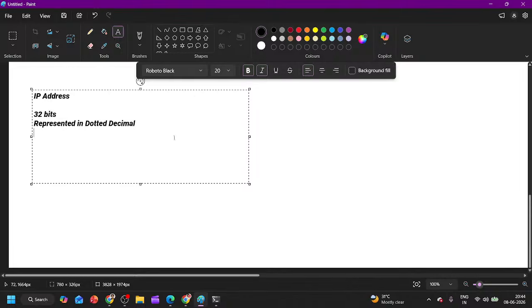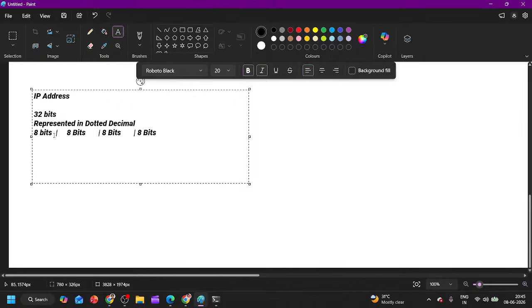And how many fields do we have? Like we divide a MAC address into two parts, first 24 bits and last 24 bits, similarly we divide an IPv4 address into four parts. Four parts means first 8 bits, then second 8 bits, third 8 bits, and fourth 8 bits.